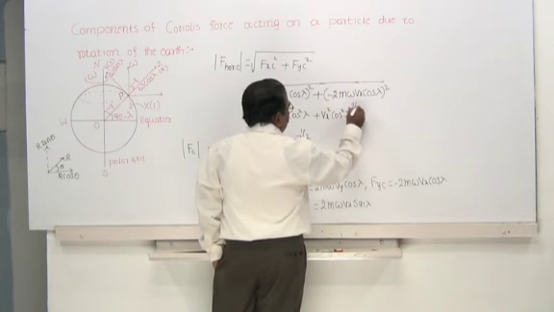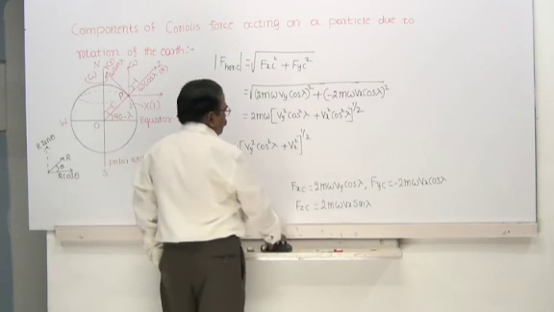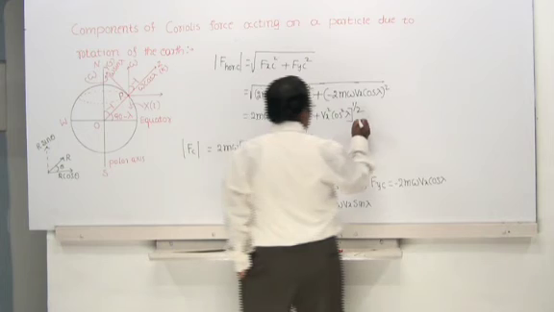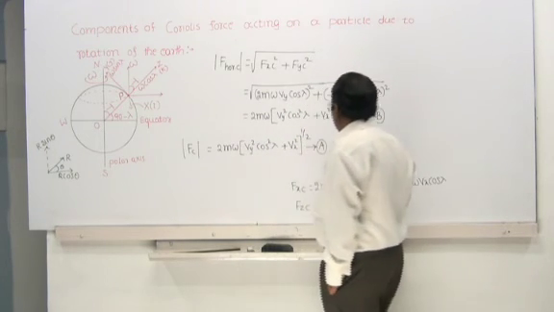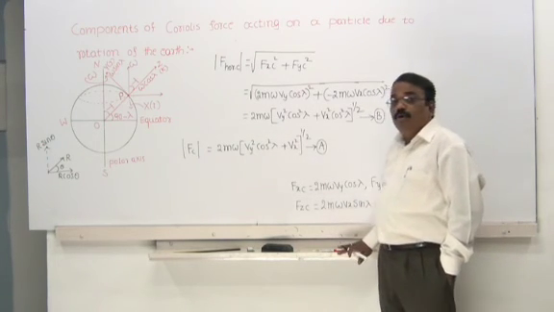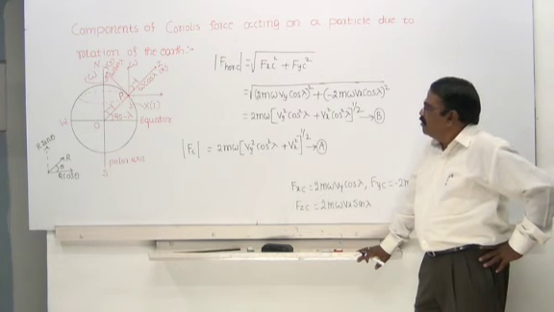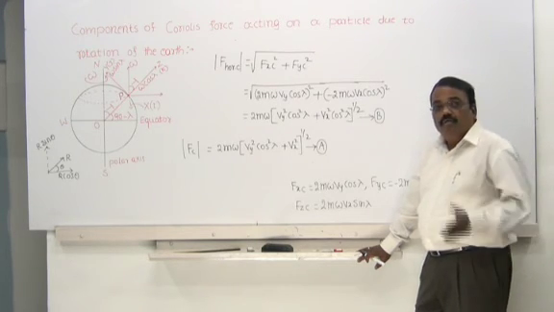Of course, it is a square root. So, we call this equation A, this equation B. You have to remember these equations. So, magnitude of horizontal component is 2m omega into Vy square cos square lambda plus Vx square cos square lambda, whole to the power half.